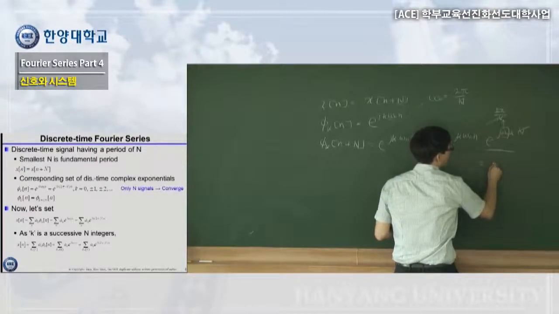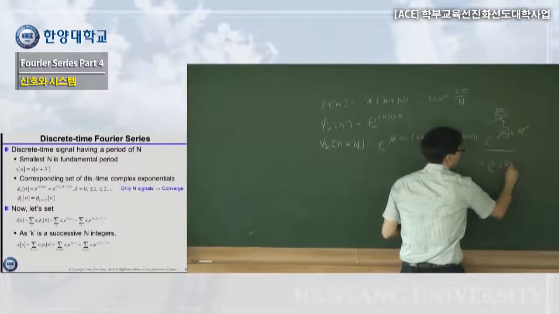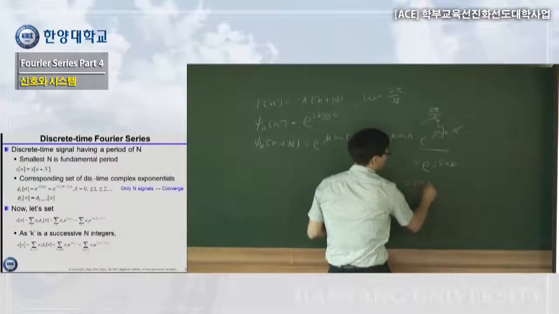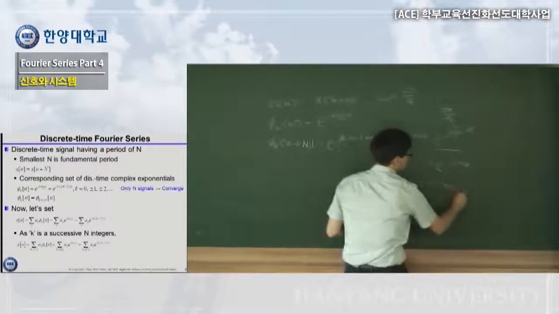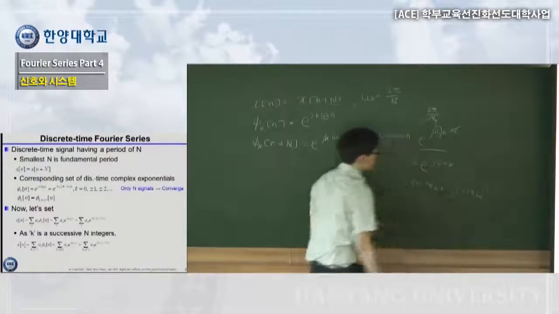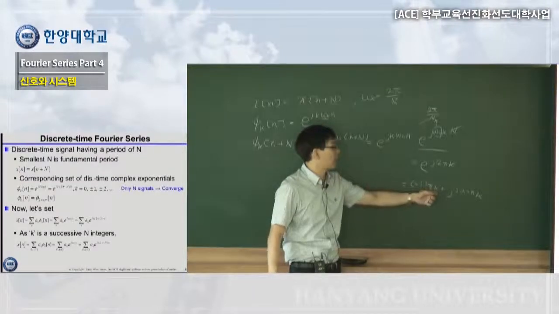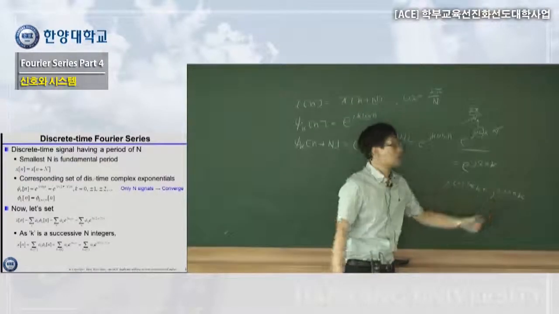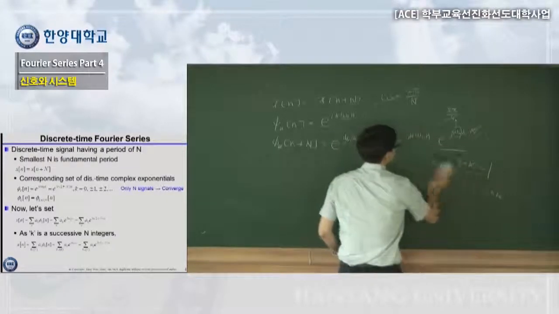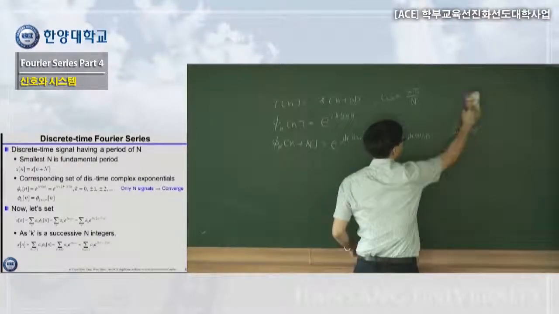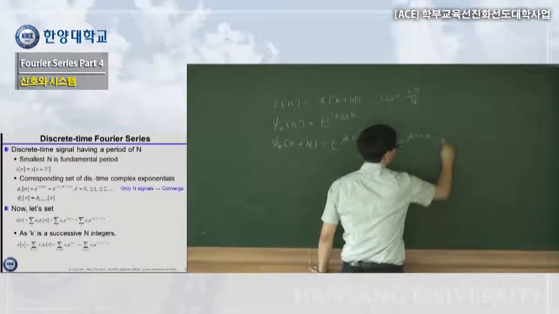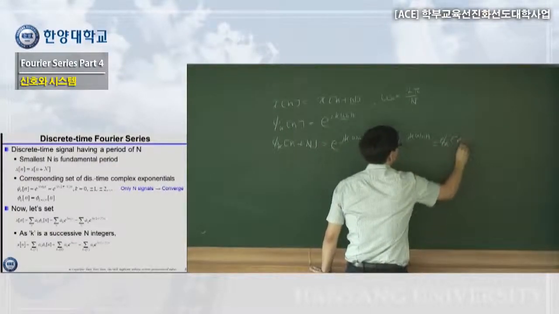So this will turn out to be e to the j 2 pi k, which is cosine 2 pi k plus j sine 2 pi k. Whatever k happens, the cosine is 1 and the sine is 0. So this is 0, this is 1. That means they are the same. We can erase it. This is 1, meaning that they are the same.